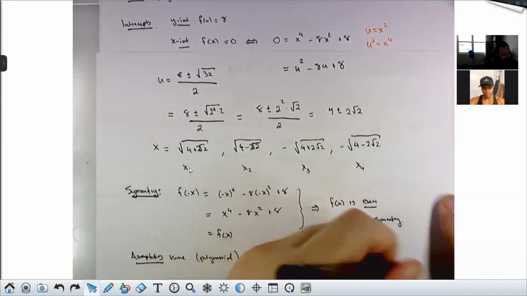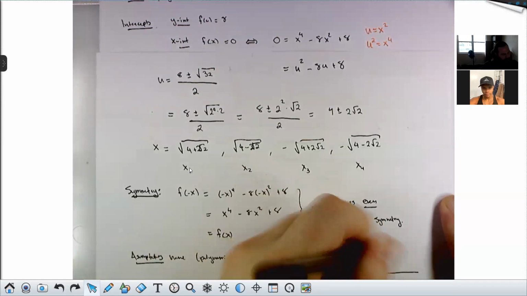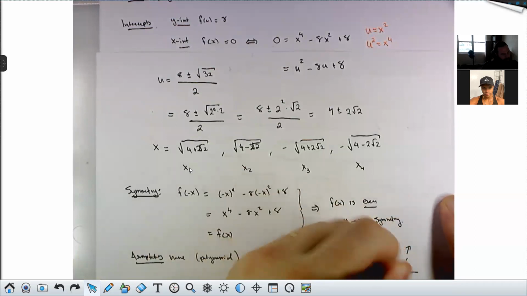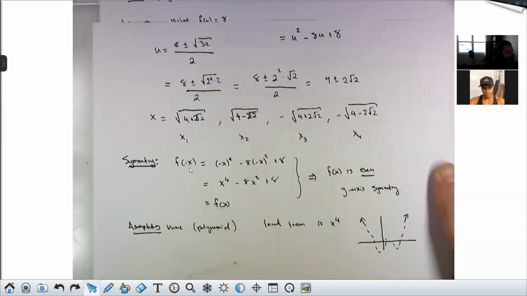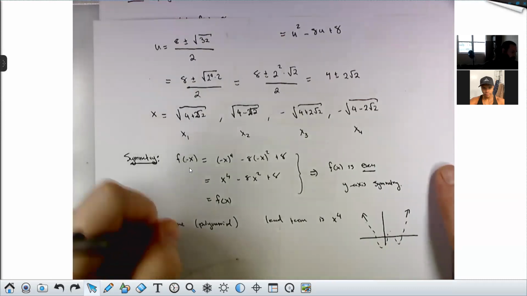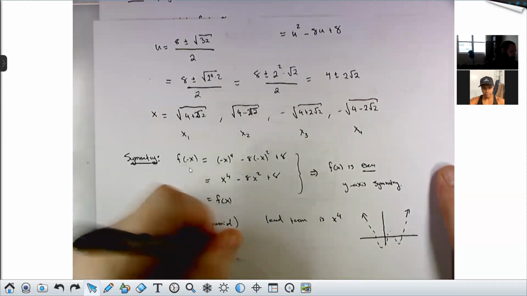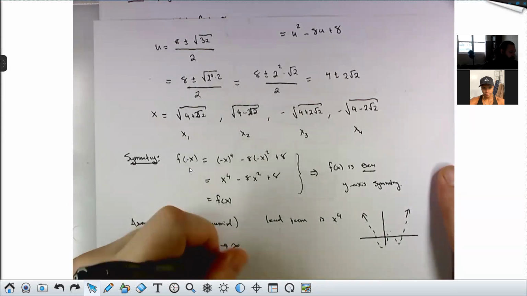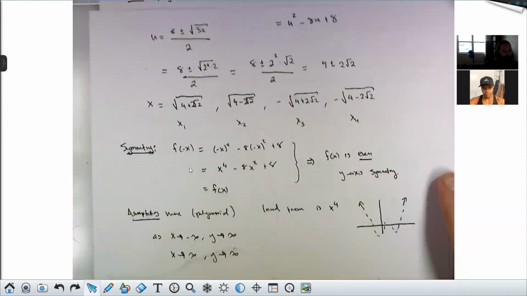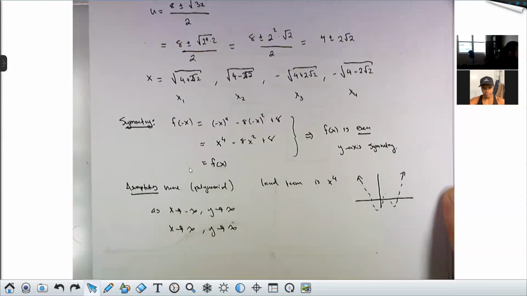So my end behavior is going to be up on both sides, whatever crazy stuff goes on in between here. So as x goes to negative infinity, y will be going to positive infinity, and as x goes to positive infinity, y will be going to positive infinity. And now it's time for the derivative stuff.